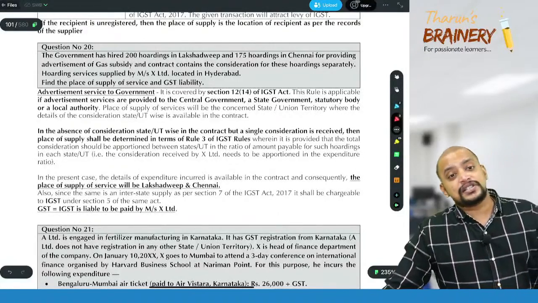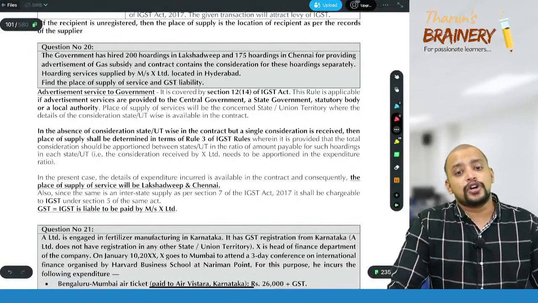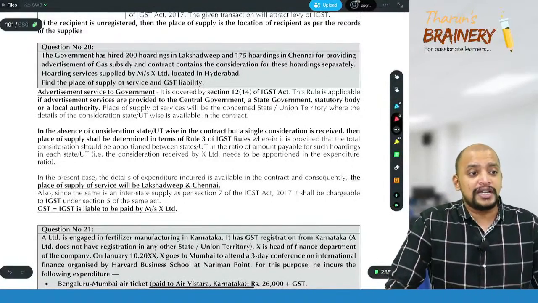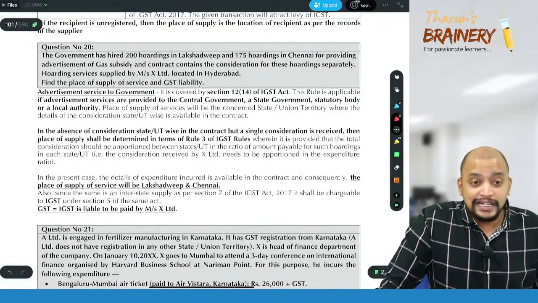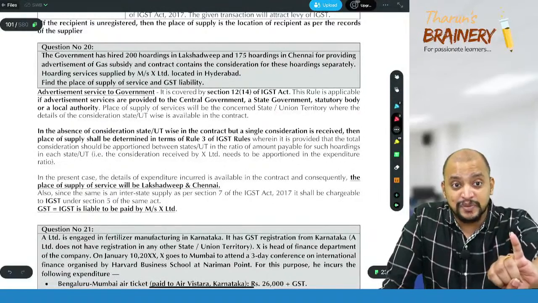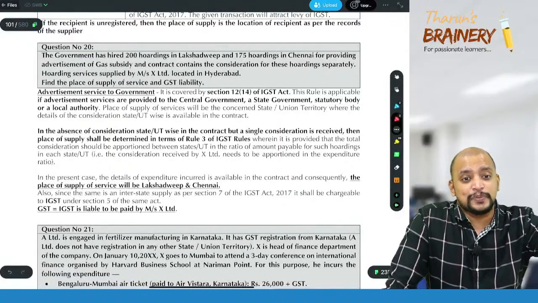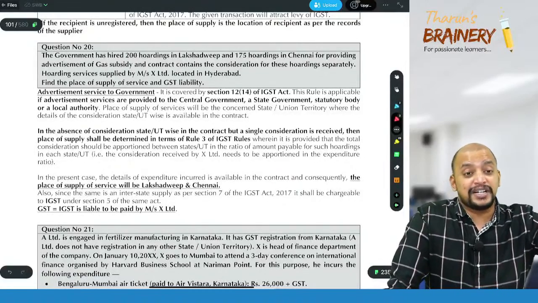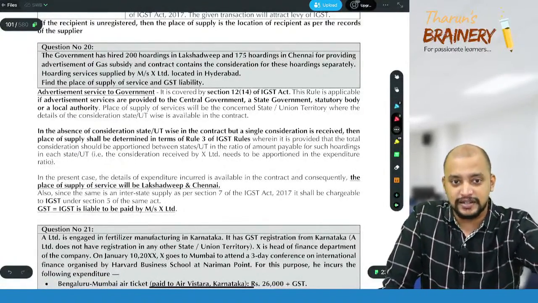In the absence of that information in the contract, then we will apportion the value based on generally accepted accounting principles, because it is other than advertisement on train, advertisement on tickets, advertisement in television, advertisement in radio, advertisement in SMS, correct?